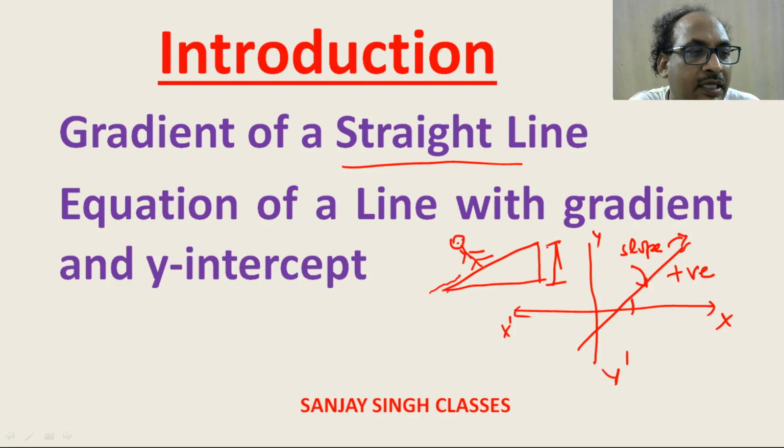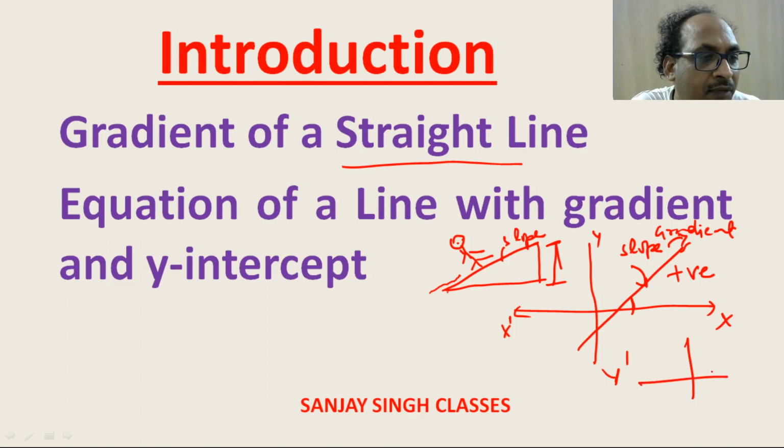So this is called slope, and it is also called gradient. If the line is drawn in a graph in this form, it will have a positive slope, whereas if the line is drawn in this way, it will have a negative slope or gradient.